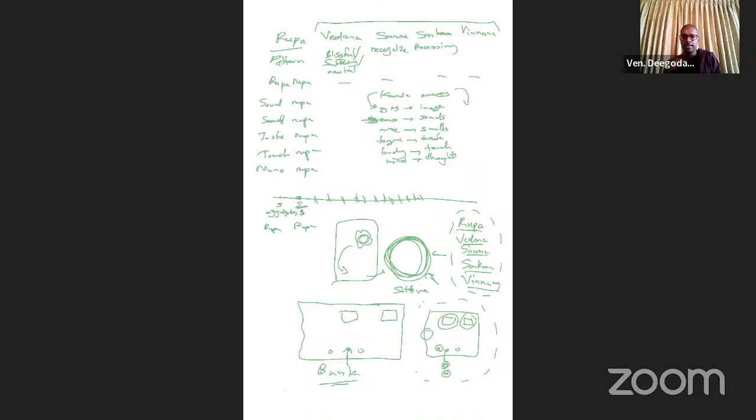Rupa, Vedana, Sanya, Sankhara, Vijnana, when those 5 things work together, you see a person who can speak, who can talk, who can go, who can make his own decisions. That is how this process expresses itself to the outside world.